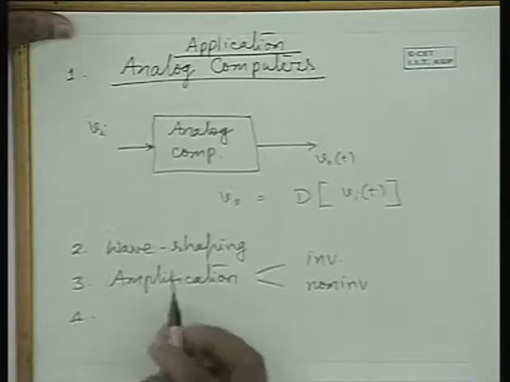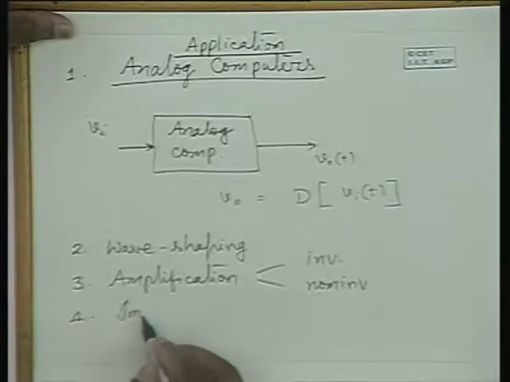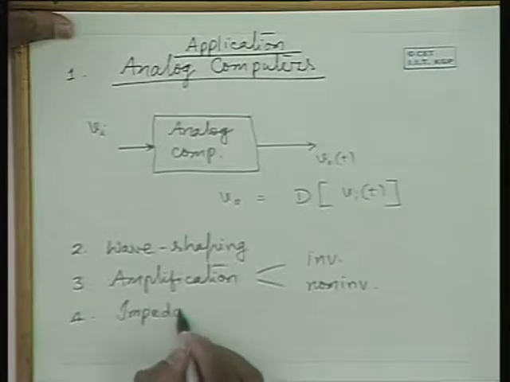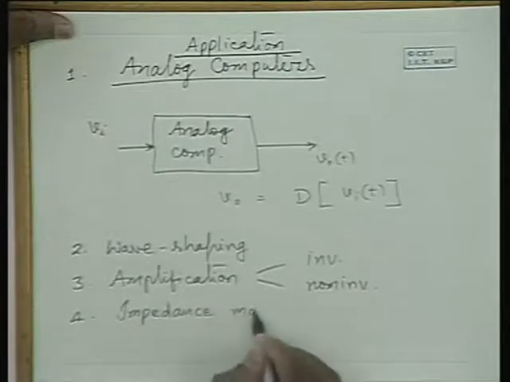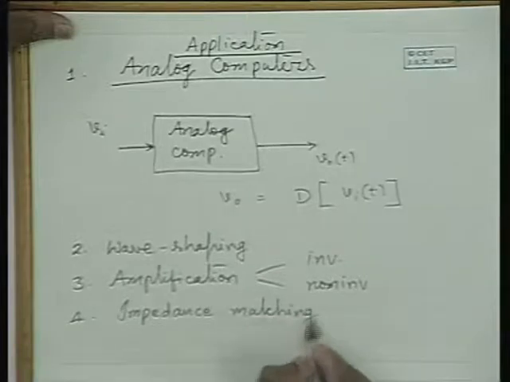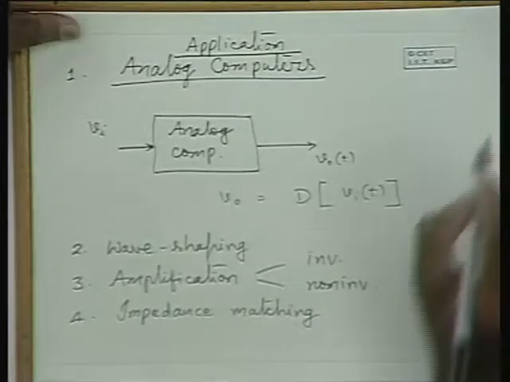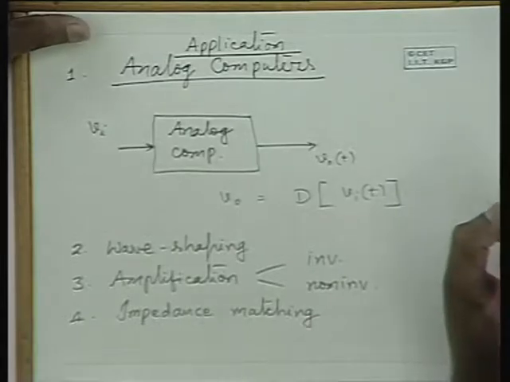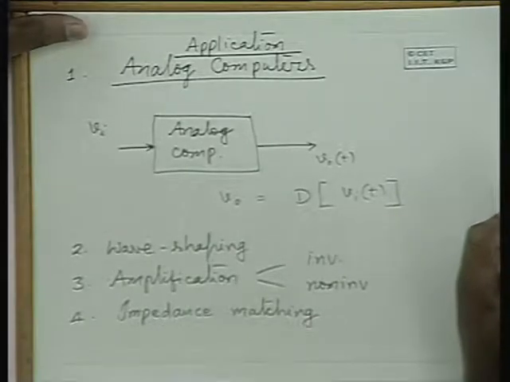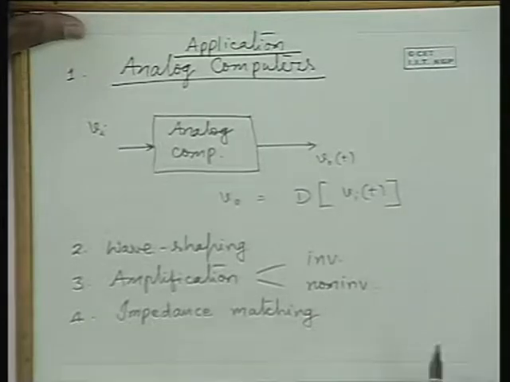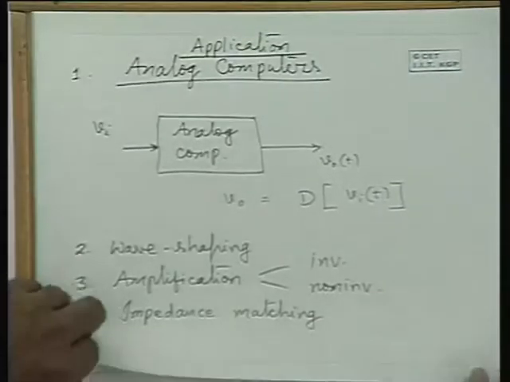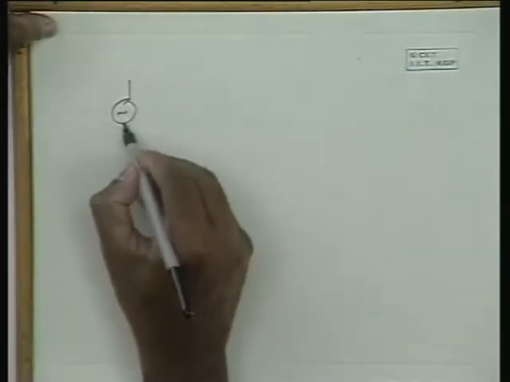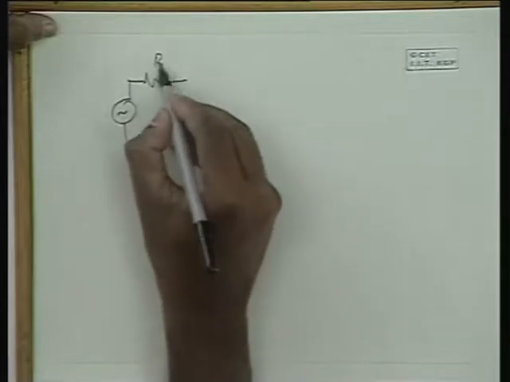We can use it for impedance matching. Because the input impedance is very high and output impedance is very low, you can use this device to convert a high impedance source to a low impedance source. That means you have a voltage source with a high source resistance.